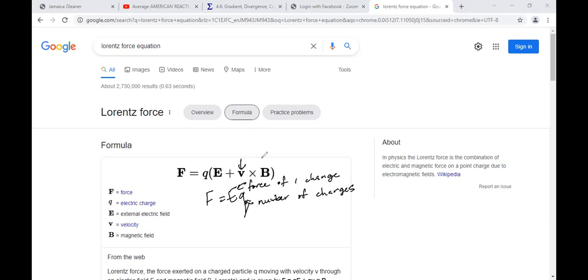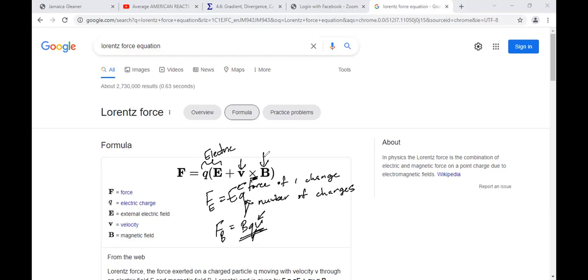And this here, you were also told that F is equal to BQV at some point in your life. So B is the strength of the magnetic field due to one charge, but the charge has to be in motion for you to experience a magnetic force. So what they're saying is that this force is due to the electric field.